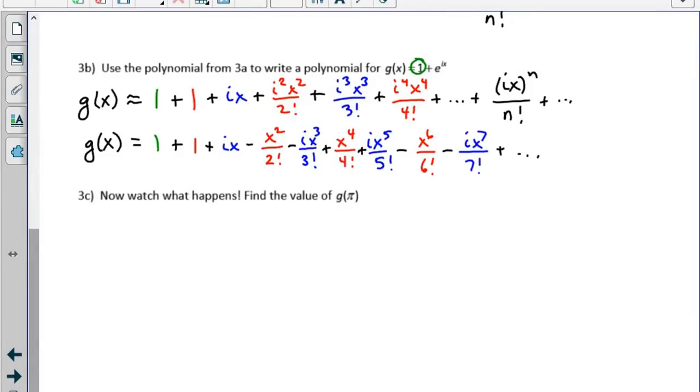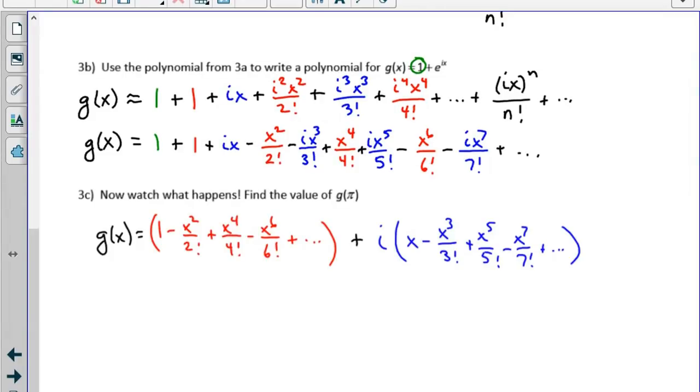And then I've rewritten everything in an alternating red-green pattern from our original problem. Now I've rearranged g of x with all of the reds and all of the blues put together, and I'll put the +1 that's in green at the end instead of at the beginning.